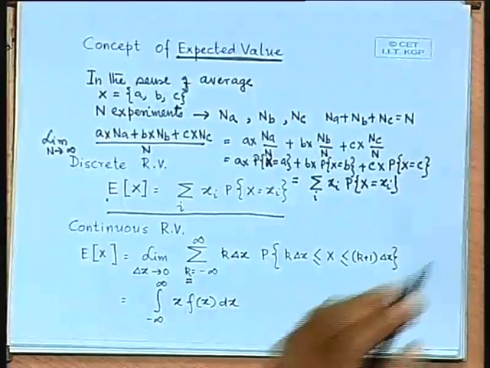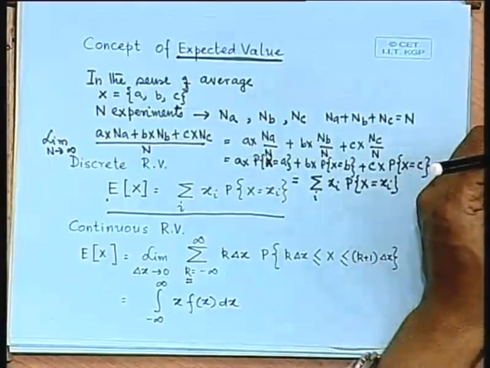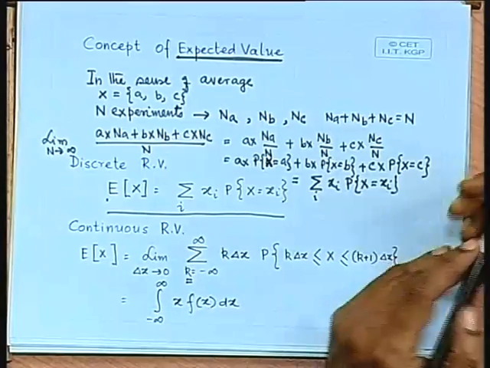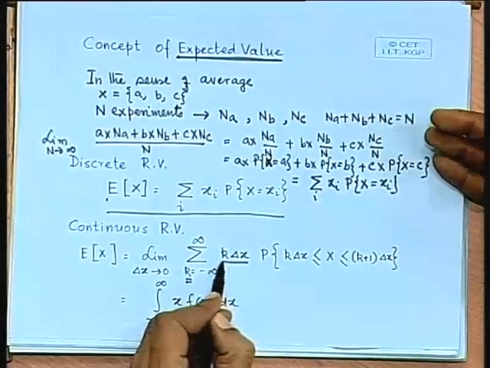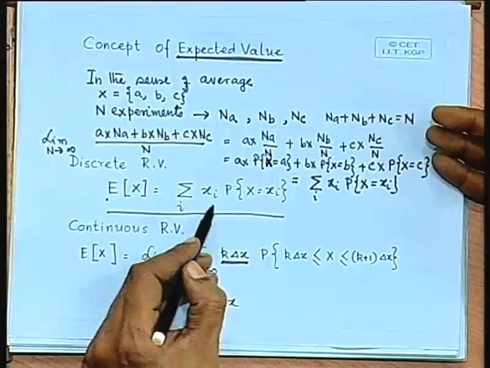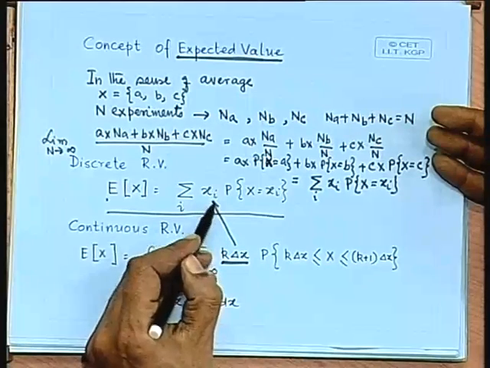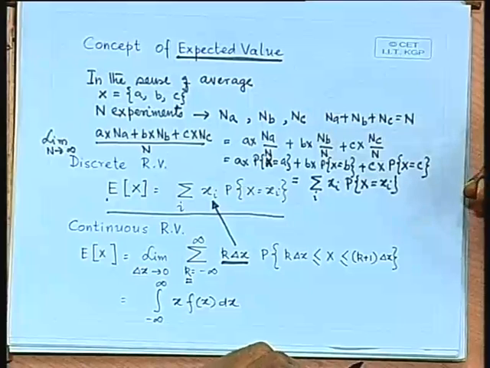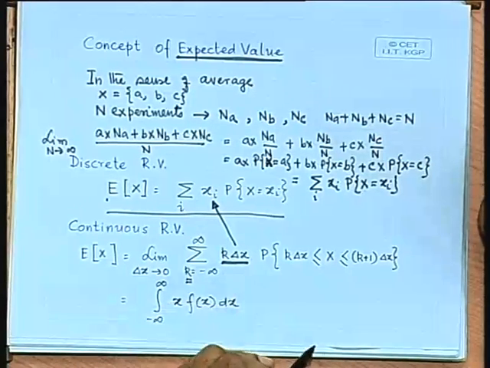So when we are calculating the probability over the real line, naturally we are going to have an infinite number of such intervals. So k indicates the interval index, with k from minus infinity to plus infinity. This k delta x now becomes the value xi. So in the kth interval, what is the value of x? It is k delta x.